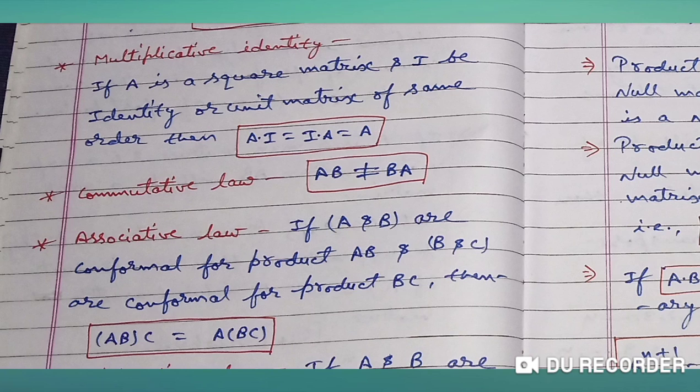Our identity or unit matrix will be denoted by capital I, and it will be a square matrix.